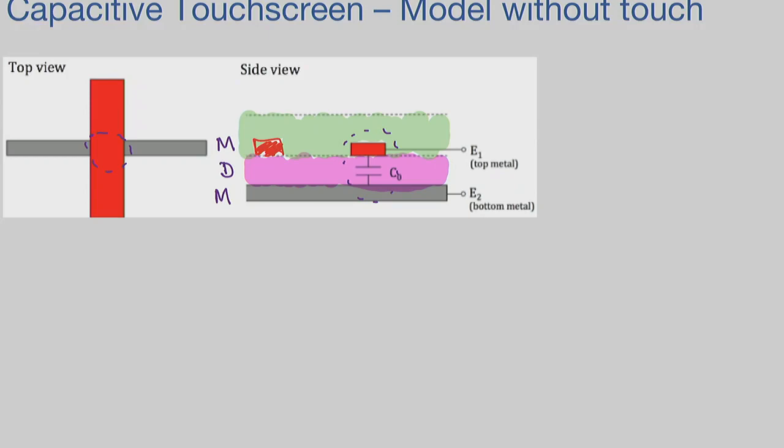If you have two metals and the dielectric in the middle, what's that element? It's a capacitor, right? So that means you can store charge in that element because you have metal separated by a dielectric. So you have a capacitor. In your notes and here, that's represented as C naught. What does it mean?